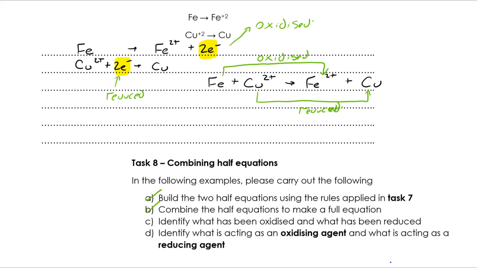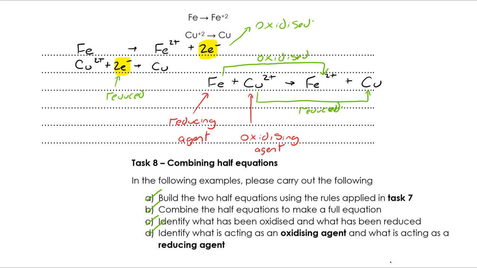And finally, what's an oxidizing agent and what is a reducing agent? Well, whatever is oxidized is the reducing agent. Whatever's reduced is the oxidizing agent. And remember, oxidation is loss. So when we talk about a reducing agent, the reducing agent is losing electrons, but we change the context and we say that it's donating electrons.